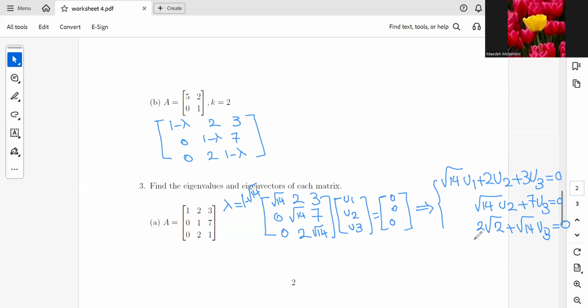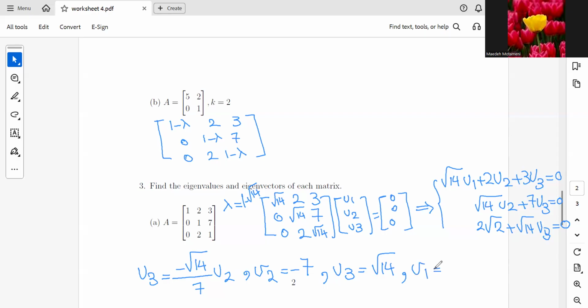With the same process that we did for 1 plus square root of 14, we would have v3 as negative square root of 14 over 7 times v2, and for v2, we can assume that it is negative 7. So from this, v3 will be square root of 14. And based on all these, v1 will be negative 2 times 2 minus 3 square root of 14 over square root of 14.